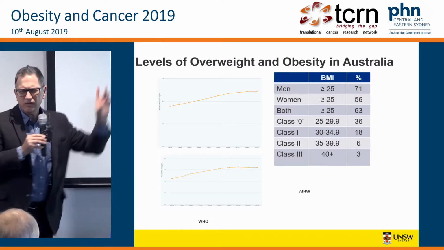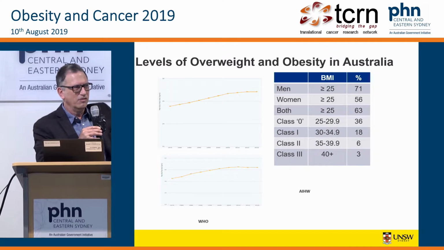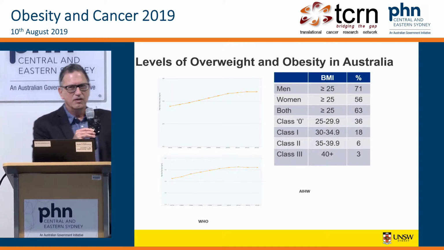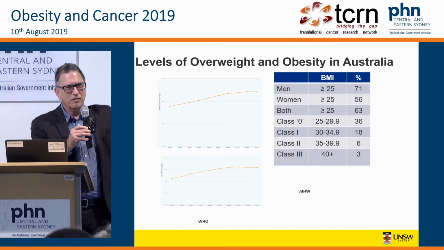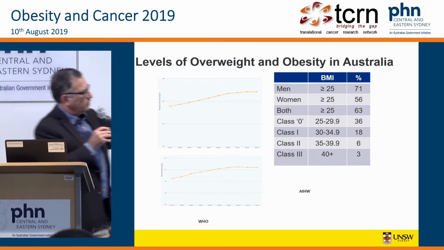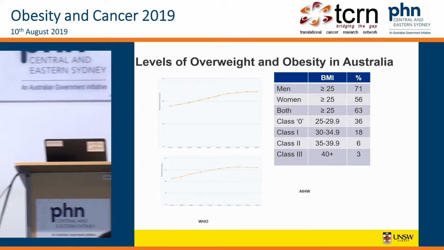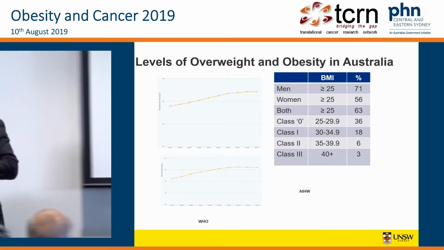It's going up, but the nice thing is it's plateauing, which is really encouraging. I'm hoping it plateaus and starts coming down. The causes of it going up, we kind of think we know about. The causes of it coming down, we're not quite yet sure how we're going to do that. But it's encouraging that things have started plateauing from around 2010, and hopefully they'll keep going down.